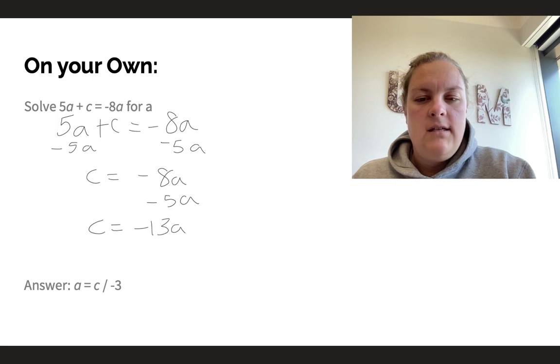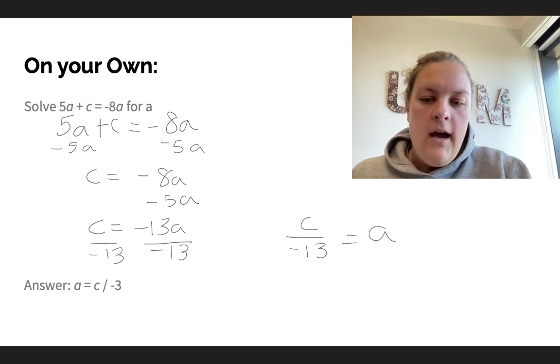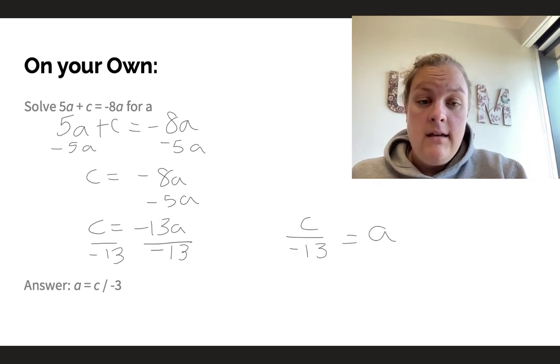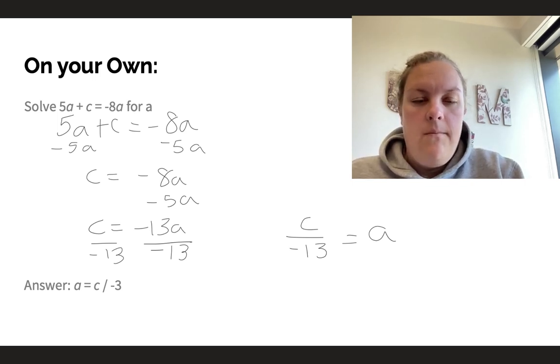So in order to finish this, we divide both sides by negative 13. That's going to leave the a here and get c divided by negative 13 equals a. So as you can see, I actually have a mistake here in my answer key. The reason why I did this was because this would be what would happen if you made a mistake with your subtraction here, with your negative 8a minus 5a.